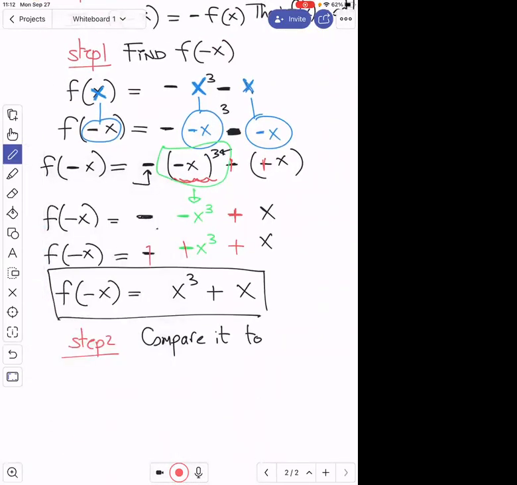And again, why do I have to compare them? Because by definition, if they are the same, then f would be odd. So we need to compare the answer I got in the first step to minus f of x.